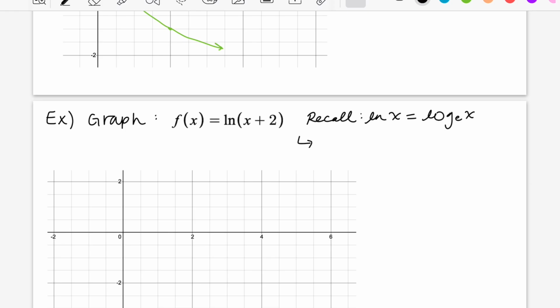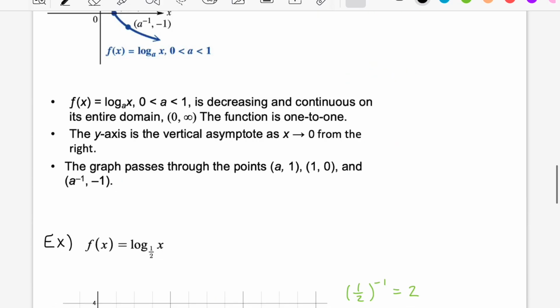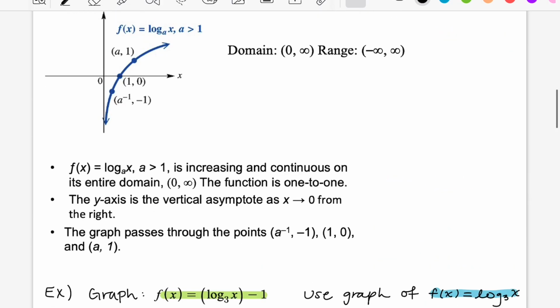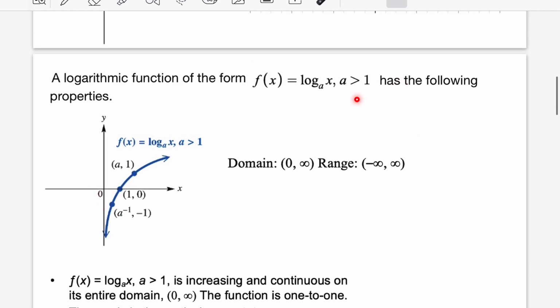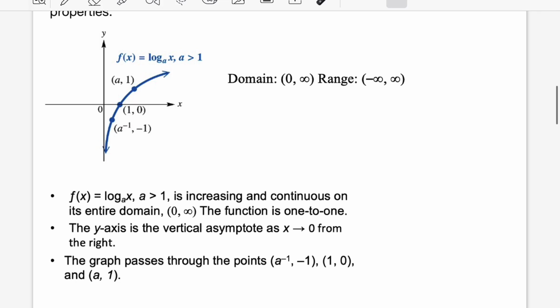So this tells us that if we have ln of x plus 2, this is the same as log base e of x plus 2. So what we can do is use this information here to graph this guy. We have log base e of x in this example, and e is just a constant. It's roughly 2.7, so it satisfies this here, and so our graph will behave like this here.